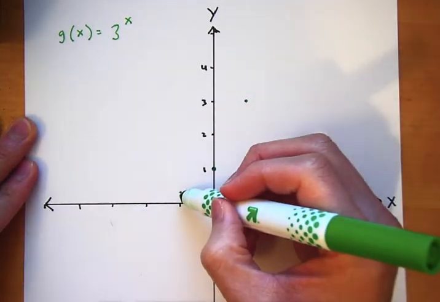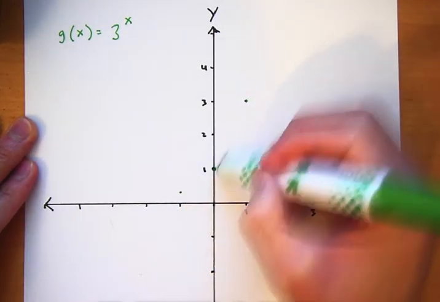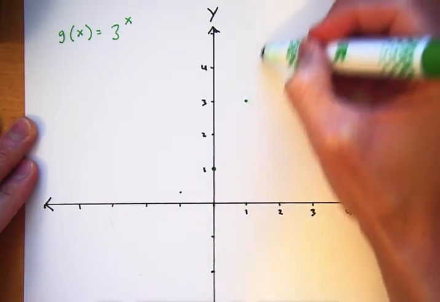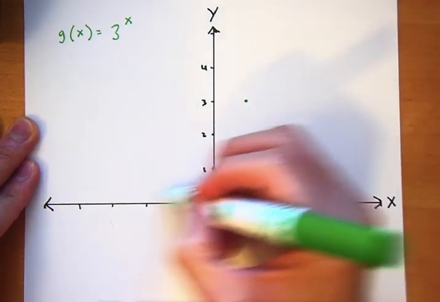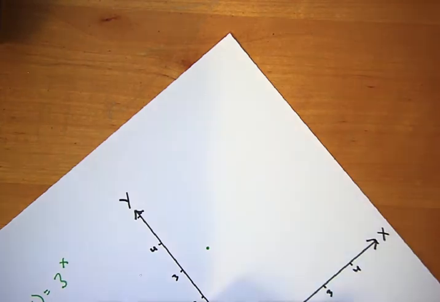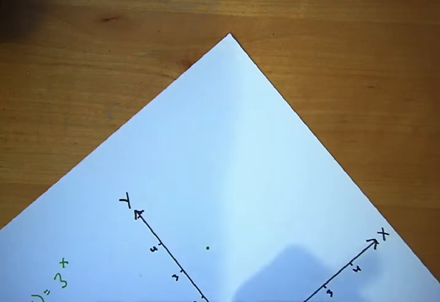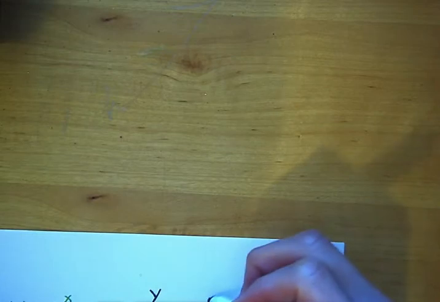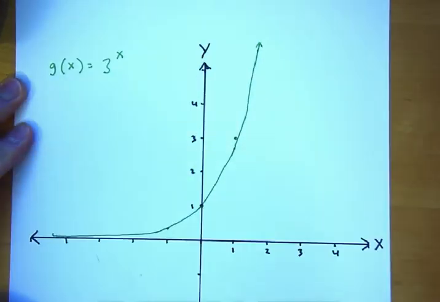So going in this direction to the right, it goes times 3, times 3, times 3. Going this direction, it goes divide by 3, divide by 3, divide by 3. So if I were to draw this, it looks something like that.